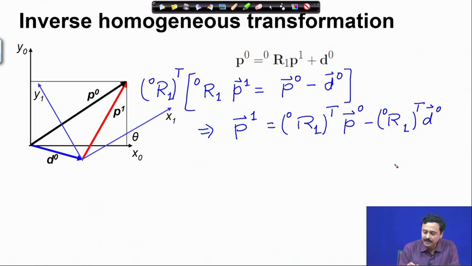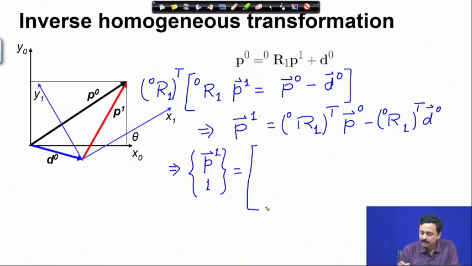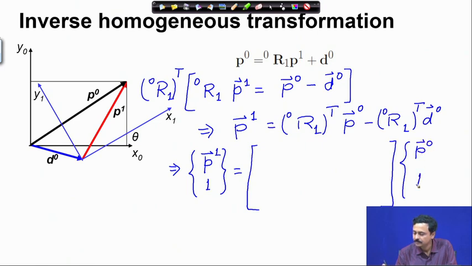Now, we do the same trick again. We extend the space here by an additional element which is 1. In a similar manner, on the right we have extended P 0 by an additional element 1.